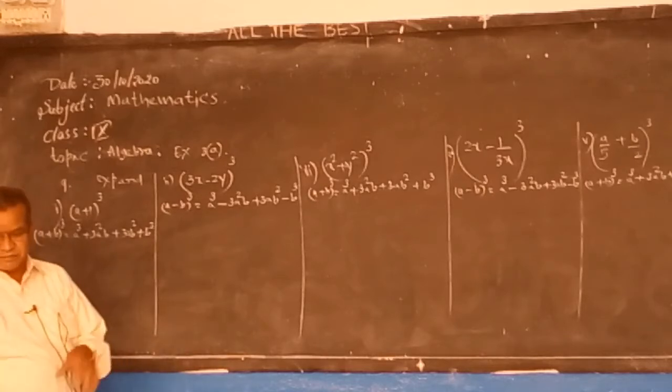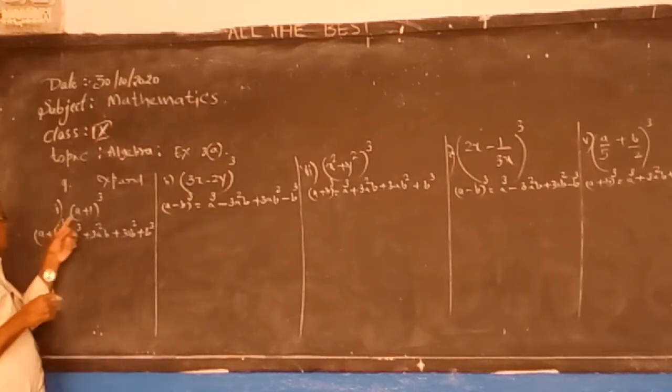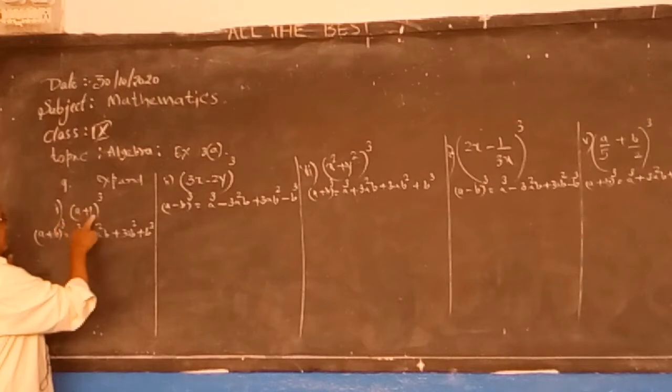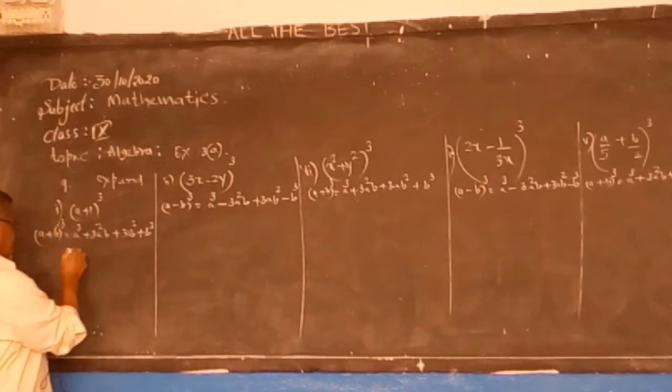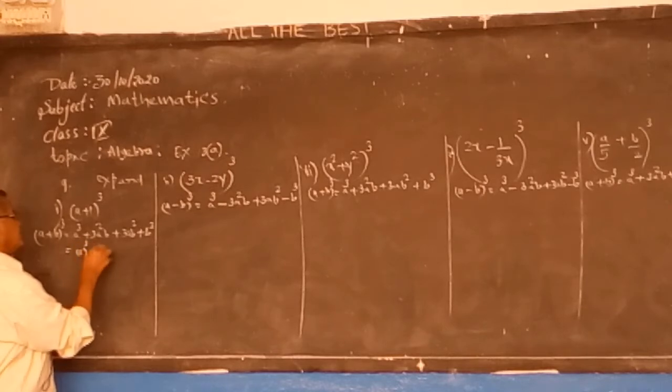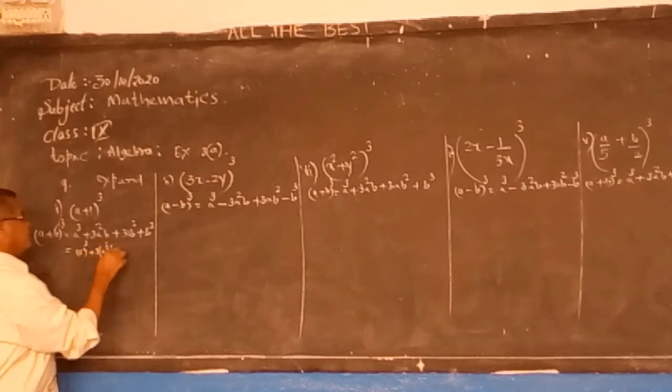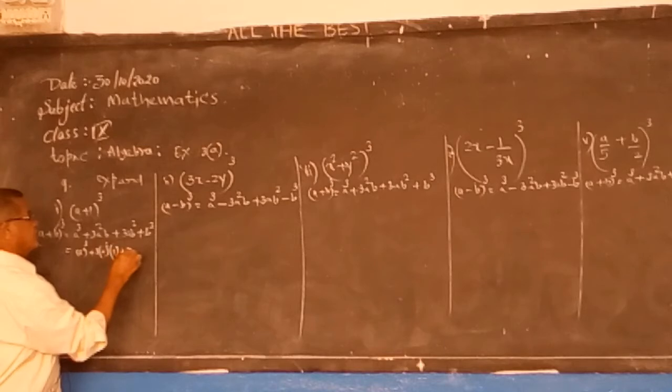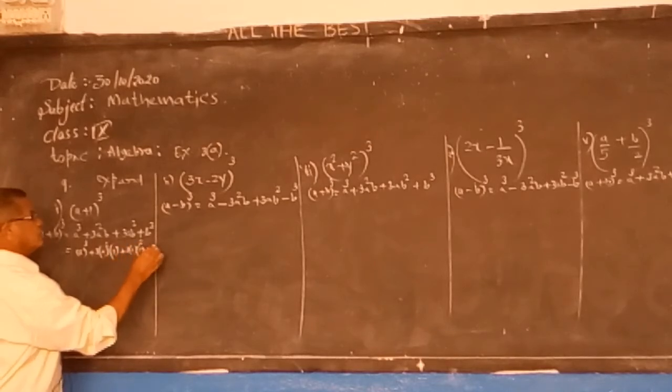There will be 4 terms. Now, first term a, second term b, which is 1. So a cube plus 3 into a squared b, b means 1, plus 3a, a only, b squared is 1, plus 1 cube.